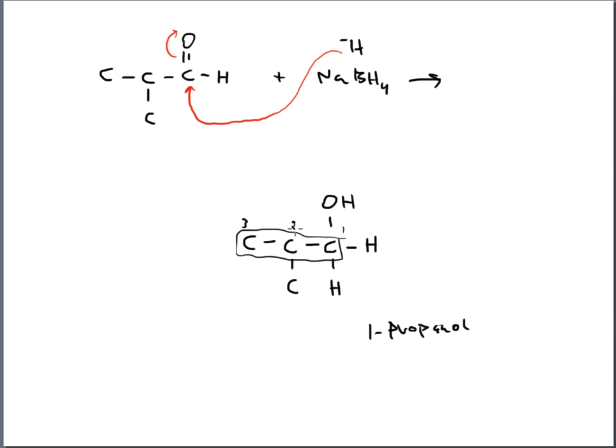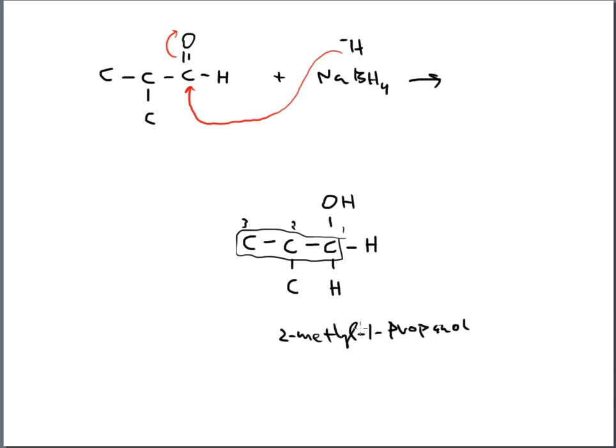And then at carbon number 2, folks, we have a carbon that's hanging off, and I've not named that one yet. So at carbon number 2, we have a methyl group. So 2-methyl 1-propanol is going to be the product from that reaction.